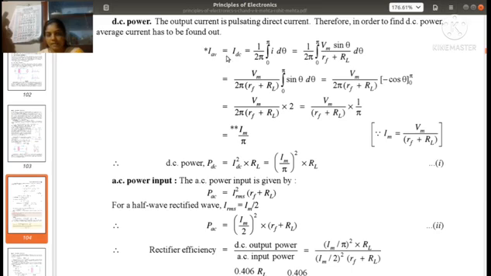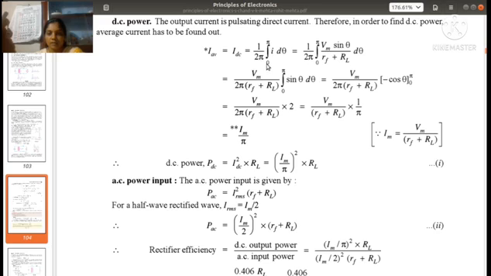So I average, that is IDC, the direct current, is equal to 1 by 2 pi times the integral from 0 to pi of I d theta. 0 to pi means 0 to 180 degrees, that is half cycle. Full cycle means 0 to 2 pi, that is 0 to 360 degrees.